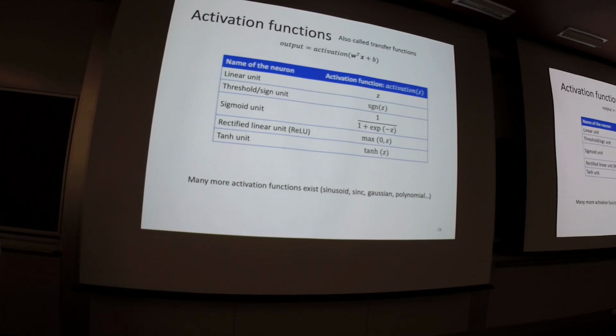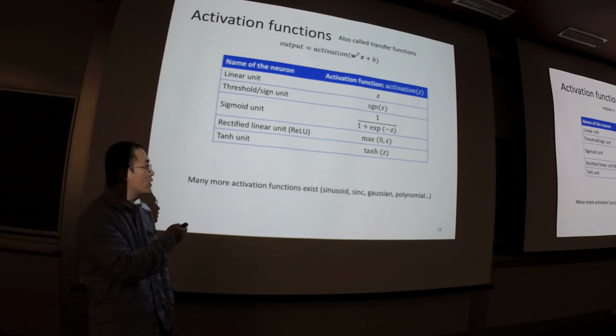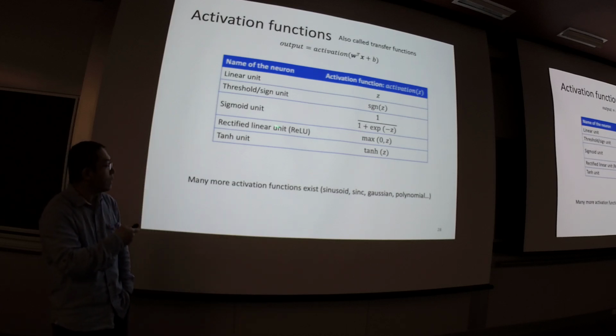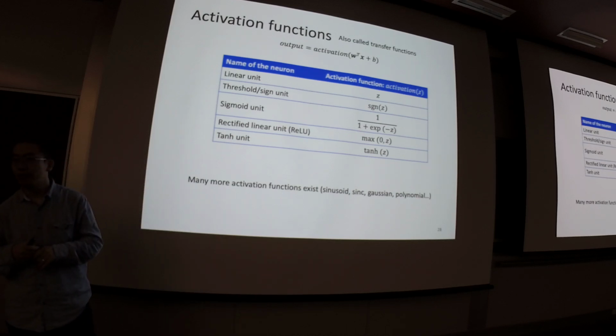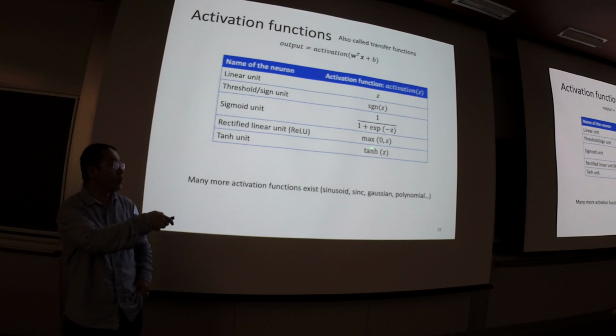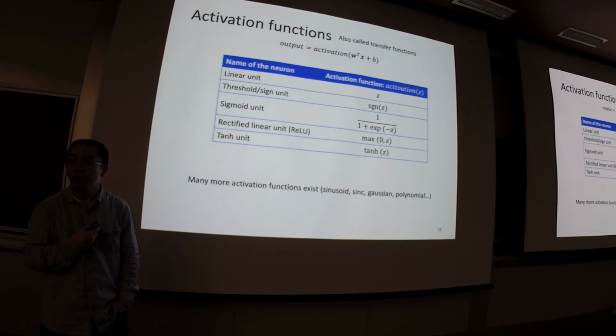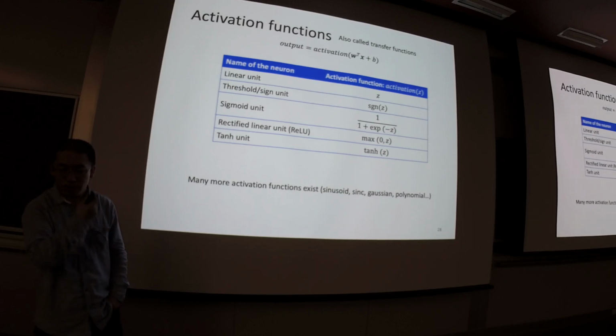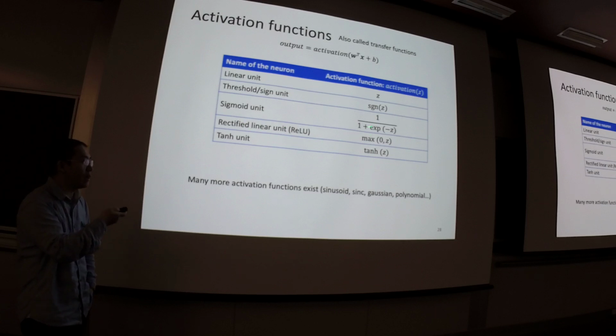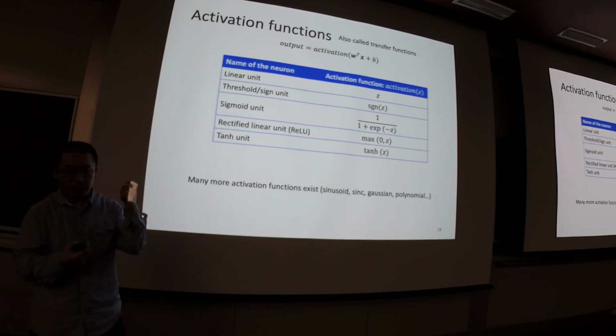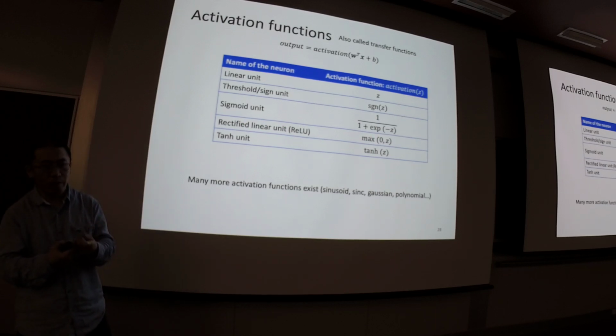And the rectified linear unit. This is a pretty new activation function, but extremely popular. It simply takes the maximum value between 0 and z, where z is the input. As to why it is so popular, we can discuss later. The major reason is that it can avoid a severe problem in neural networks called gradient vanishing.